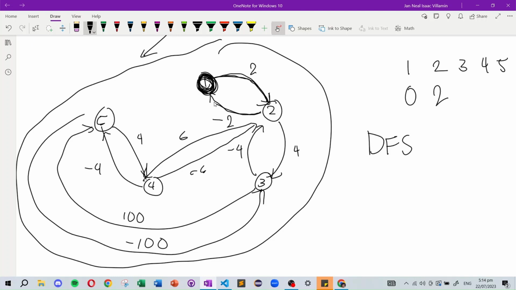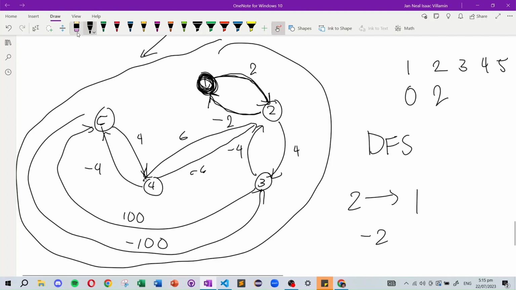Obviously, when we go back, it says that from 2 to 1, it must have a distance of negative 2. Well, we already said that the distance of 2 from 1 is 2. So we're trying to check if 2 to 1 must have a distance of negative 2.